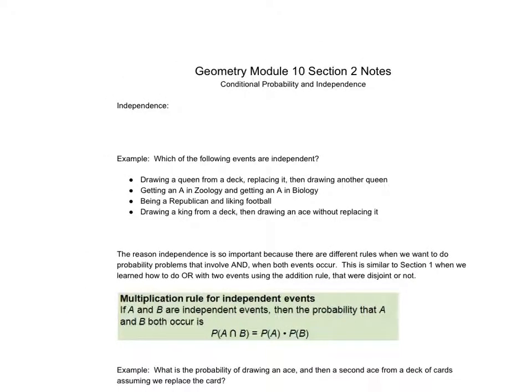In section 2, we're going to talk about conditional probability and independence. First we're going to talk about independence, and it has a different definition as it relates to probability.